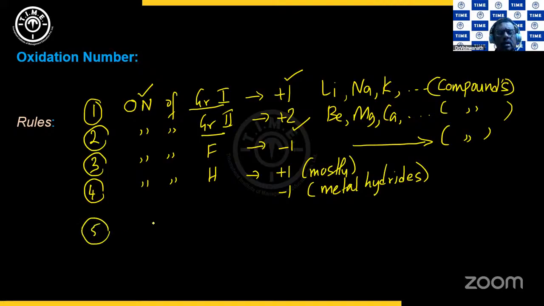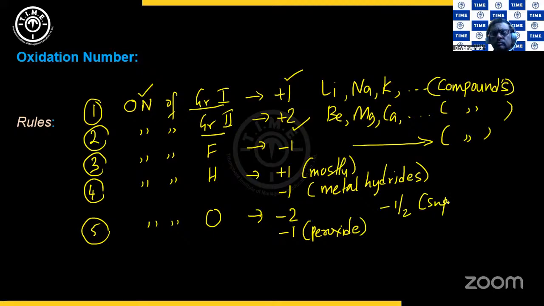Then oxidation number of oxygen is mostly -2, but it could also be -1 in the case of a peroxide. It could be -0.5 in the case of a superoxide.